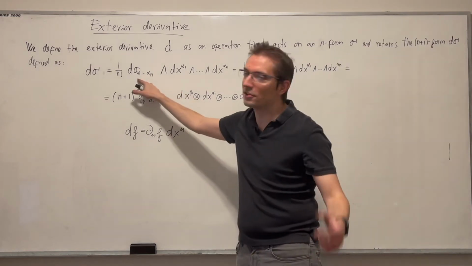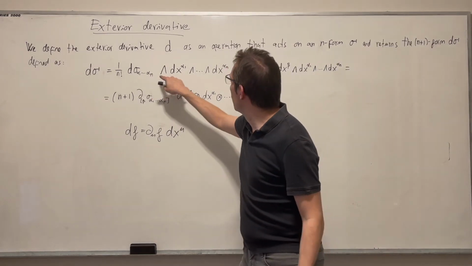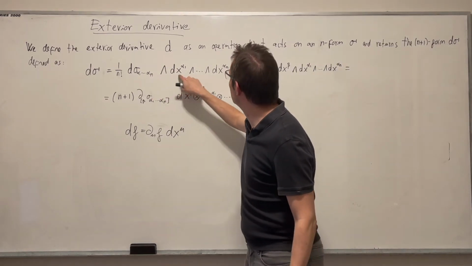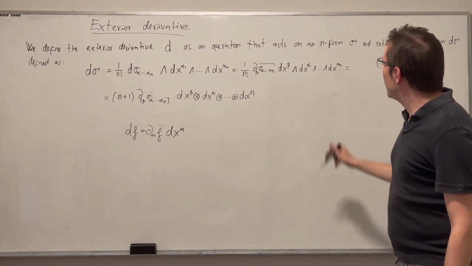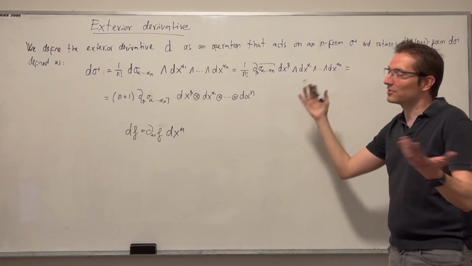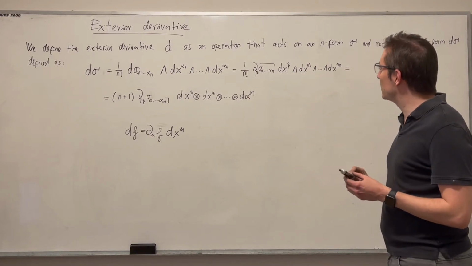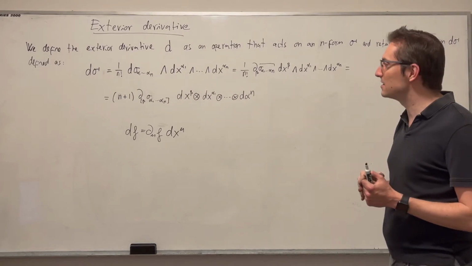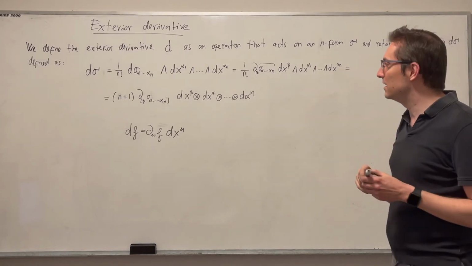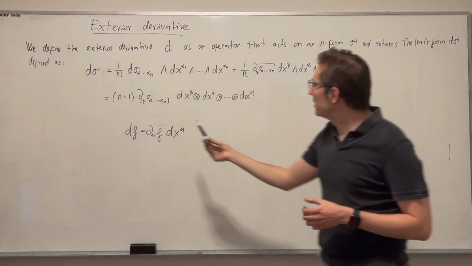So the differential of the components, wedge product, exterior product with the differential of the coordinates, with the elements of the basis. So this is in terms of the wedge, because it's very convenient to define with respect to the wedge. We can write it in terms of the standard basis, the tensor product of the basis, to get what the components of the exterior derivative are, and the components are this.